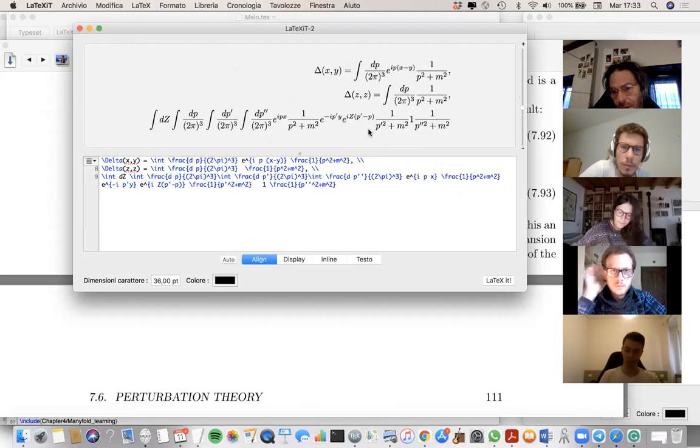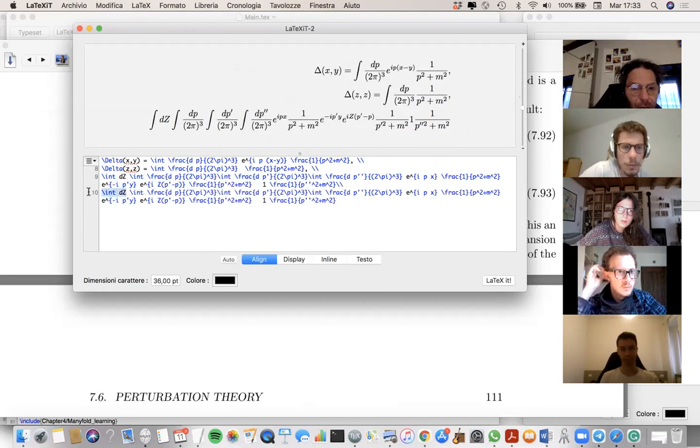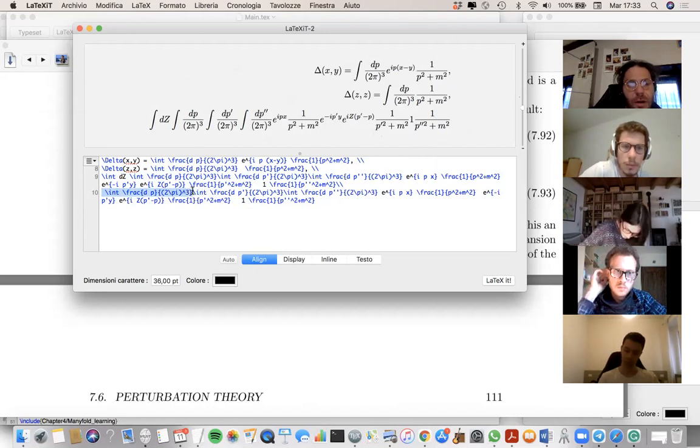Do you see this? So basically the next integral, the one in dz, will give me a delta function. I also take away p because I have a delta function. Everywhere I see p, I must put p prime.